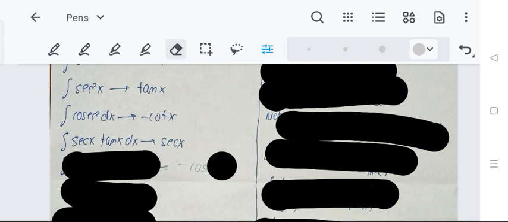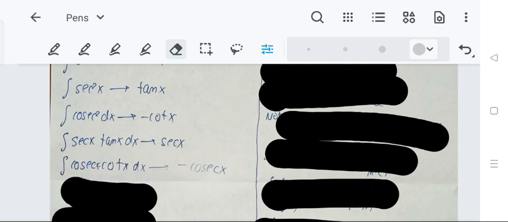Then integration of secant x into tan x is secant x, and integration of cosec x into cot x is minus cosec x. The differentiation of cosec x is minus cosec x cot x, and sec x differentiation is secant x into tan x.